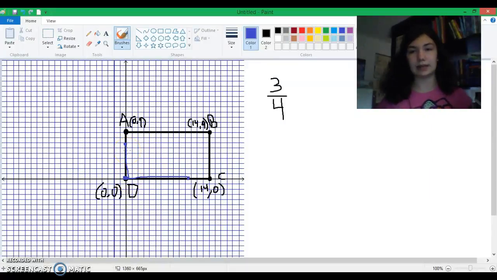Sorry if my lines are very messy. I'm using my mouse to draw. And then we know that the next one will be right here. So we don't even have to multiply these two numbers. We just know because of these two numbers. We go and we draw a line. And there we go. That's 3/4 of the rectangle. That's the 3/4 dilation of this rectangle.